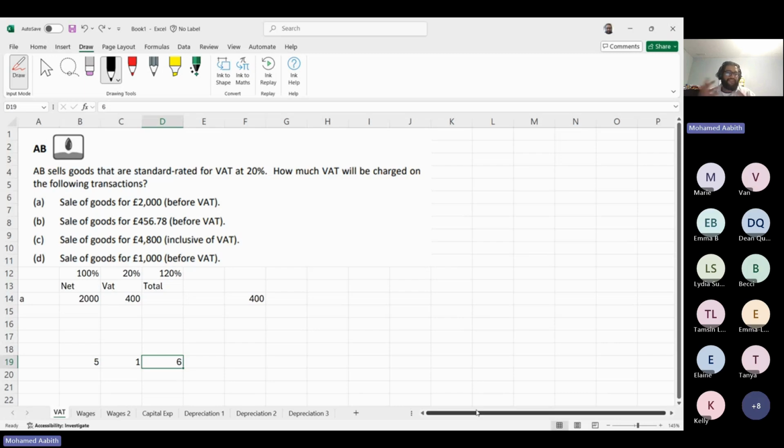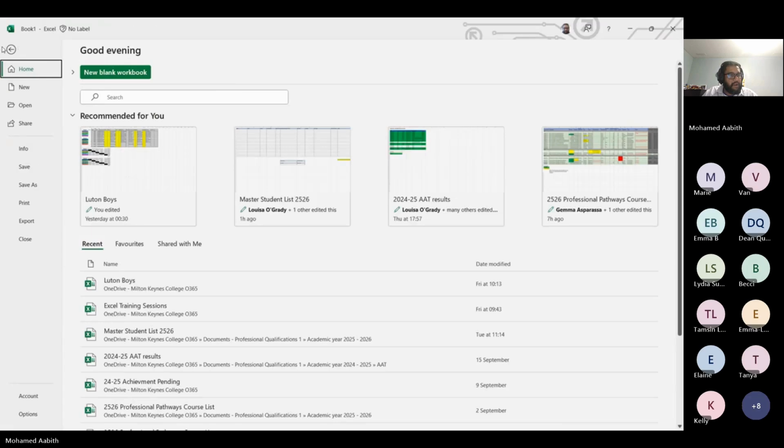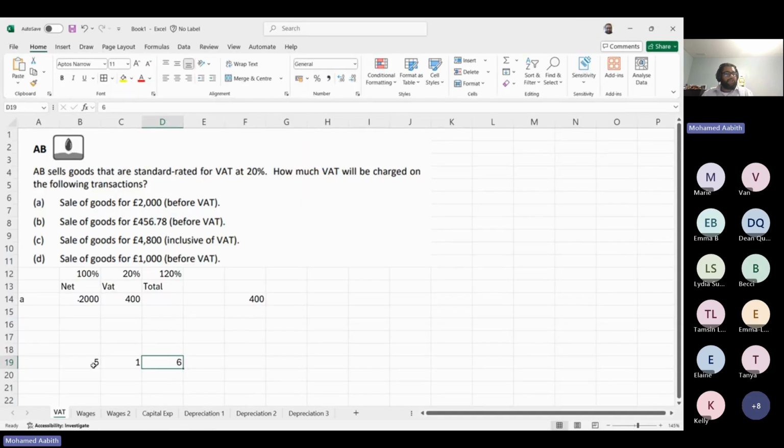So it's another way to think about it, how you alternatively find the answer. So if you know that is your 6, you divide this number by 5, you get the same answer. Can you see here? This divide by 5, you get that number.